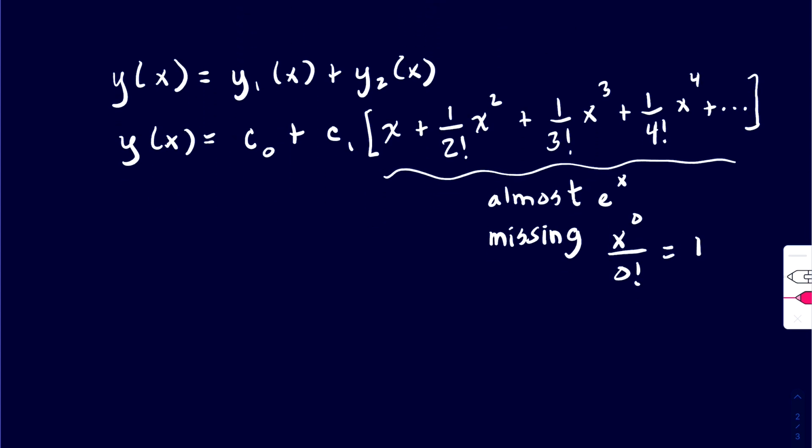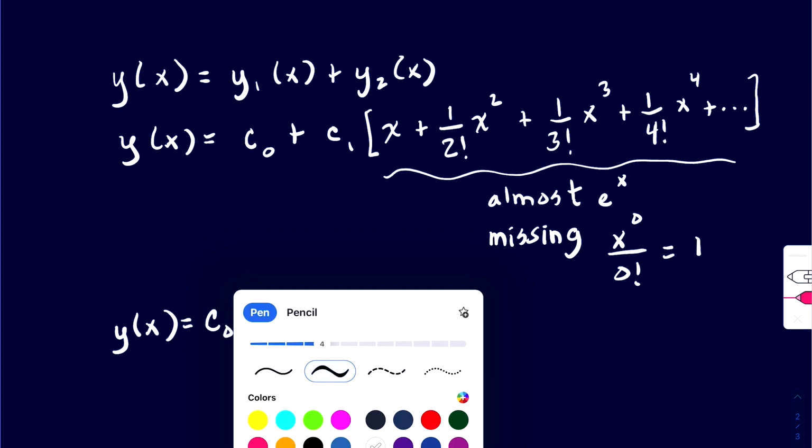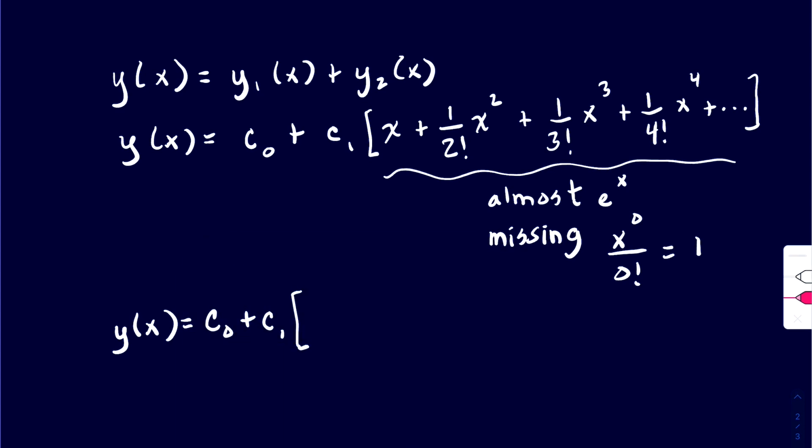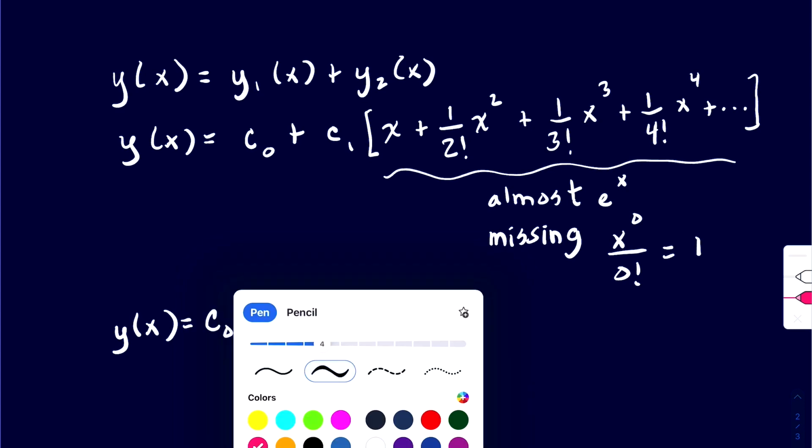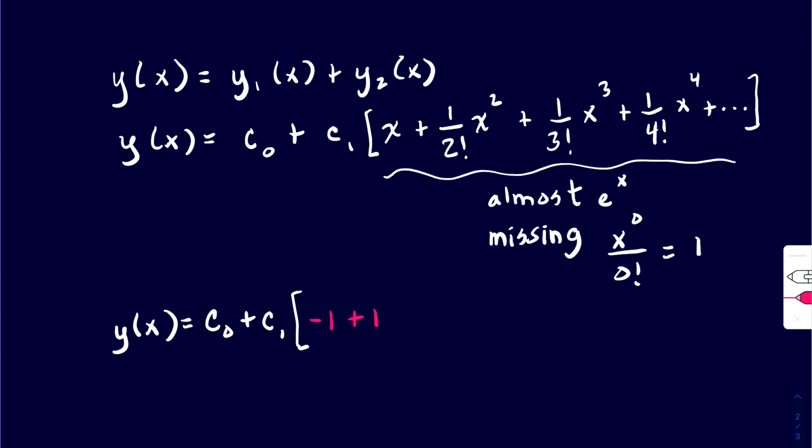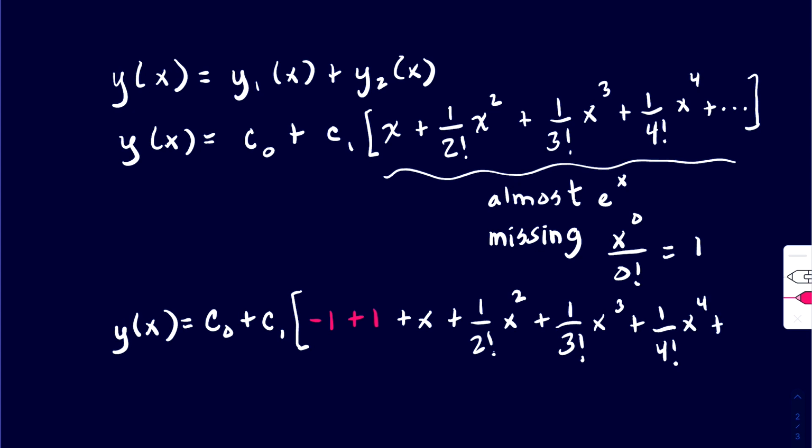So if we rewrite y at x equal to c0 plus c1 times, remember, if you're going to adjust something, we need that 1. So if we just put negative 1 plus 1, that's going to balance out the expression here. And then we would have plus x plus 1 over 2 factorial x squared plus 1 over 3 factorial x cubed plus 1 over 4 factorial x to the 4th plus dot, dot, dot.